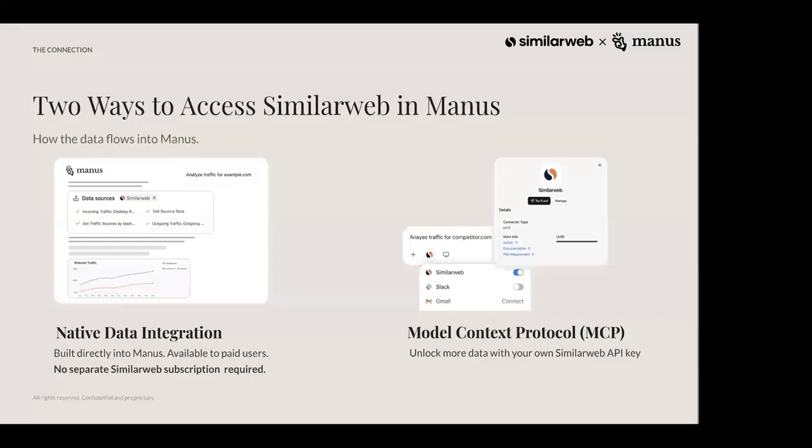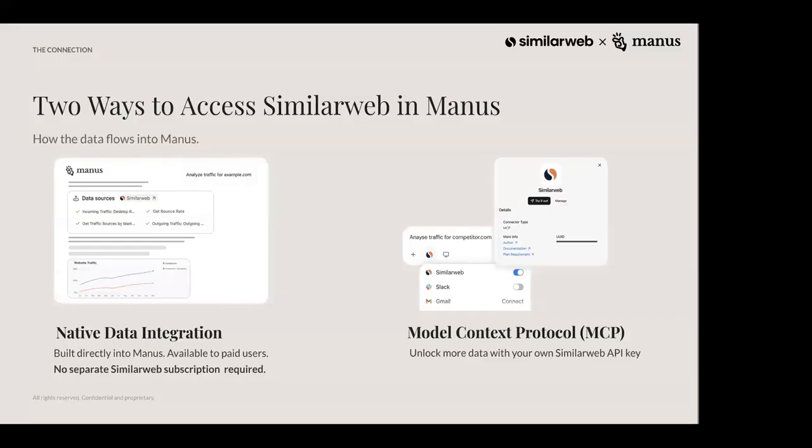You don't need an additional Similarweb subscription, and you can use up to 20,000 credits per month for analysis. The second type is the MCP. If you need a large amount of analysis per month, this one might work better for you, as you can plug in your own Similarweb key and unlock more endpoints.